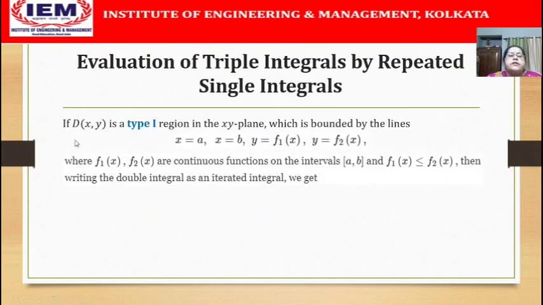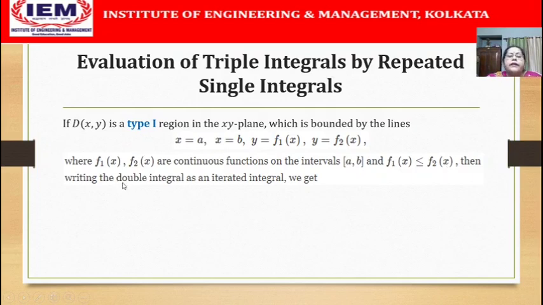So first let us suppose that D(xy) is a type 1 region in the xy plane, and let us suppose that it is bounded by the lines x equal to a, x equal to b, y equal to f1(x) and y equal to f2(x), where f1(x), f2(x) are continuous functions on the interval [a,b] and f1(x) is less than or equal to f2(x).